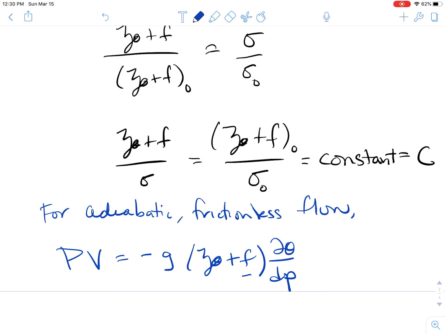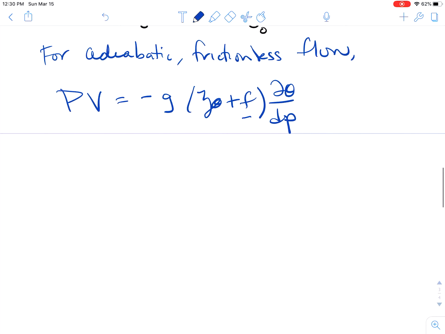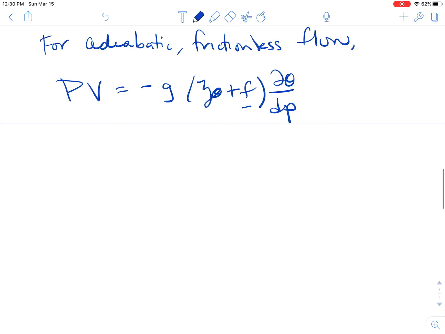We can go ahead and scale this equation. In order to scale this equation, we need to consider all the parts of our equation. So let's think for a second about our relative vorticity, zeta theta, and our Coriolis portion, f. Remember, relative vorticity is on the order of 10 to the minus fifth per second, whereas our Coriolis parameter, especially here in the mid-latitudes, is 10 to the minus fourth per second.